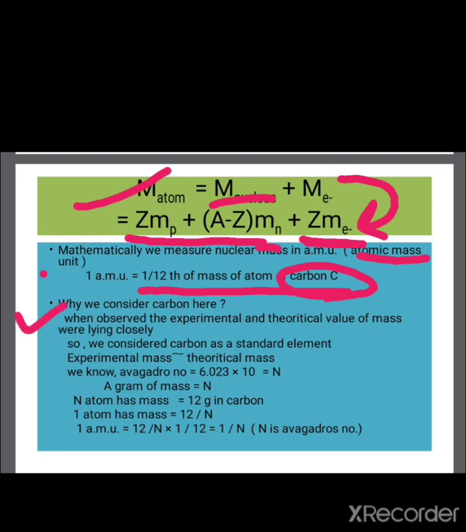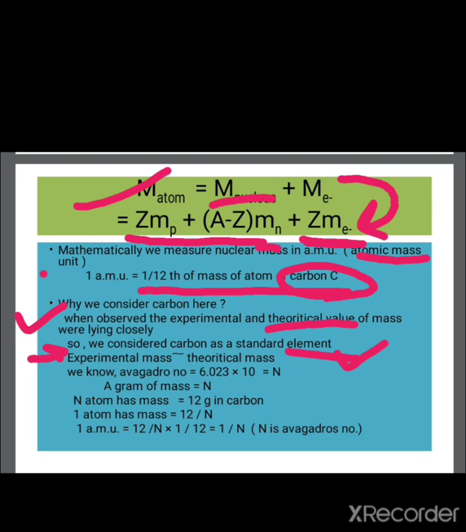Because when we observed the experimental values and the theoretical values of carbon atom, they were lying so close to each other that we consider carbon as a standard element. So I have written this, that experimental values are approximately equal to theoretical mass values.